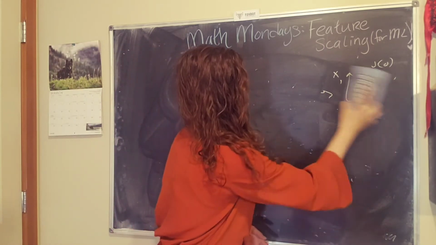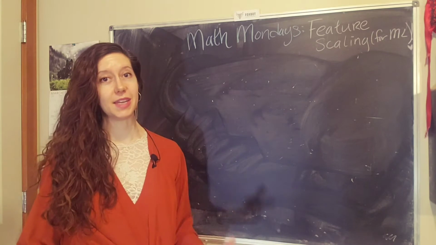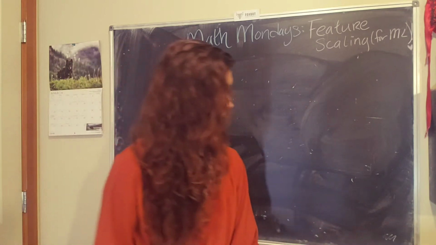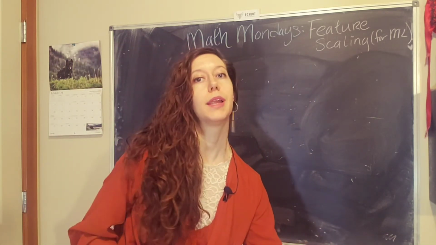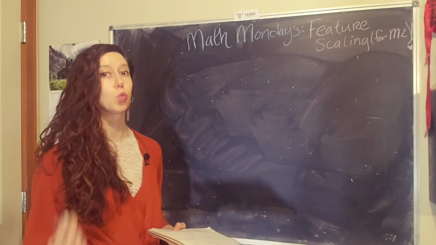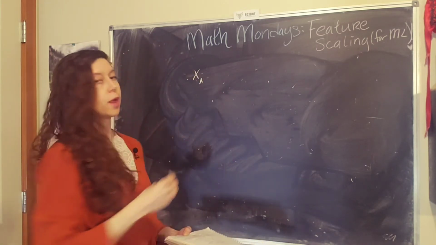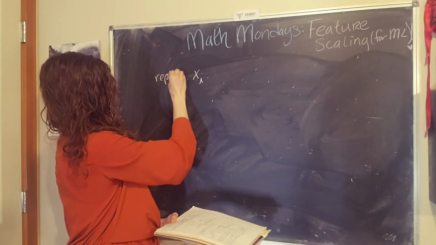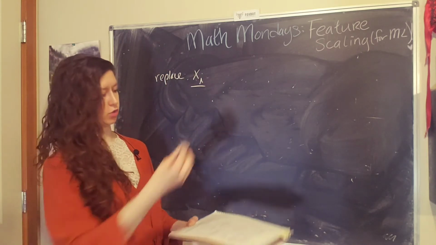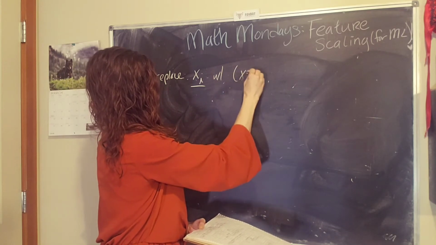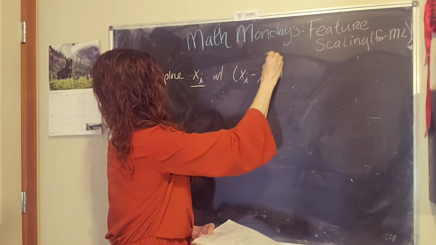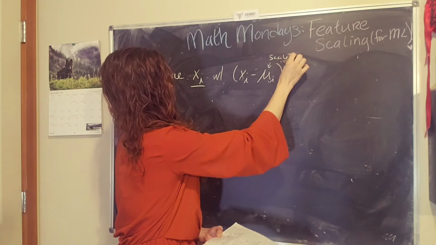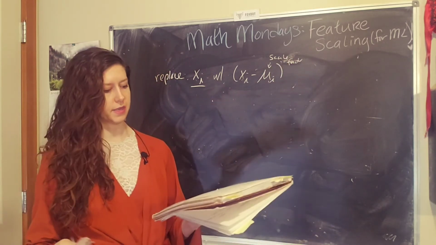All right, so how do we actually do it? We are going to use a technique called mean normalization. And I'm going to look at my notes to make sure that I get this right. So what we want to do is replace each feature from our original data set with a scaled version. So we're going to replace the original feature with xi minus ui, divided by some scale factor, which we'll figure out in a sec.